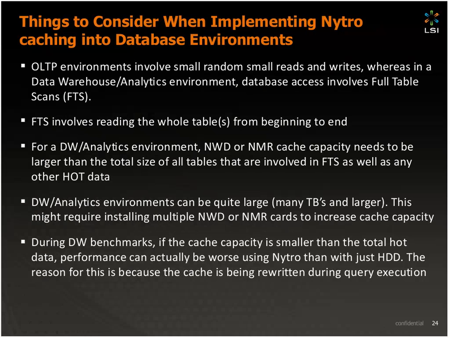So, things to consider when implementing Nitro. In an Oracle OLTP environment, it involves small random reads and writes. In a data warehouse environment, the database access involves full table scans. Full table scans means it reads the whole table from beginning to end.